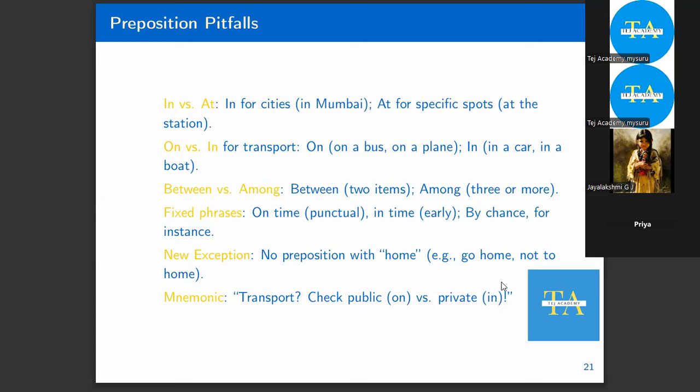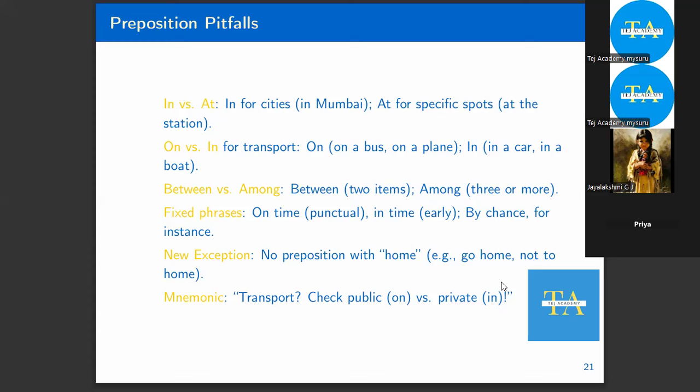And here we go with on versus in. For transport, we use on with bus, plane, and like that. And we use in while making a sentence about car or a boat. So you can simply remember this by analyzing it.